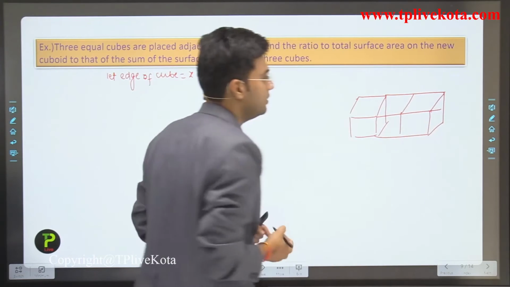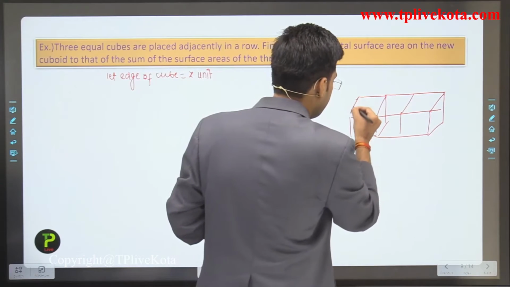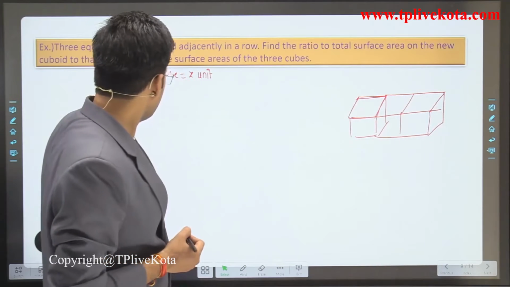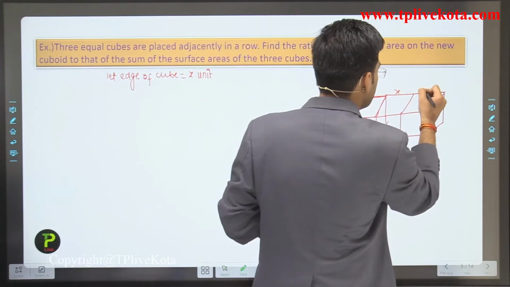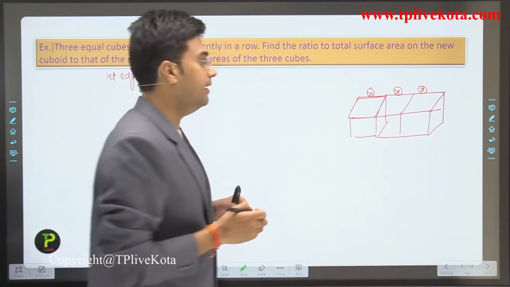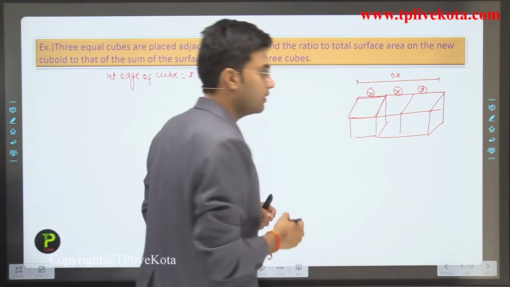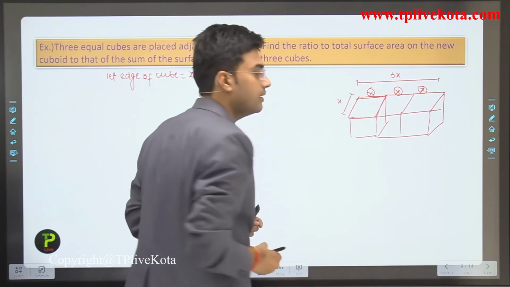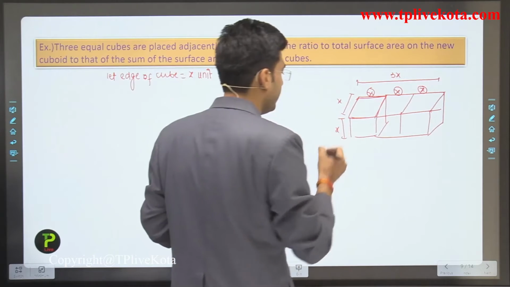These are the 3 cubes which are placed adjacent to each other, and we assume that the edge of each cube is x unit, so this is x, this is also x, this is also x. And this is a cuboid, and for this cuboid the length is 3x. Clear? Now the breadth is nothing but x. And the height is again x.